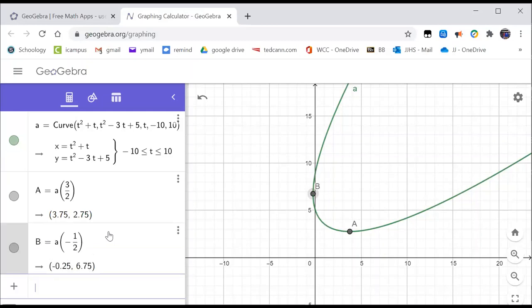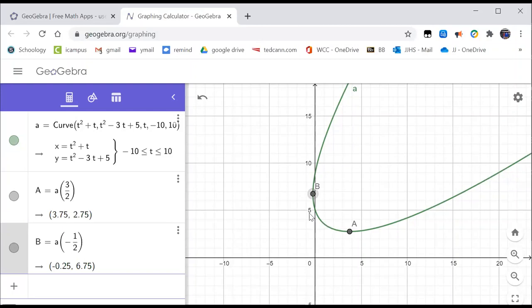Pop that in. Negative 1/4 is negative 0.25. 6.75 is the decimal equivalent of 27 quarters. And that sure looks like it is right where there would be a vertical line tangent to the curve. So I'm feeling very good about this solution. It took a lot of doing, there's a lot of work involved, but we got there, and now we have a way of verifying our work. And it's all because of GeoGebra.